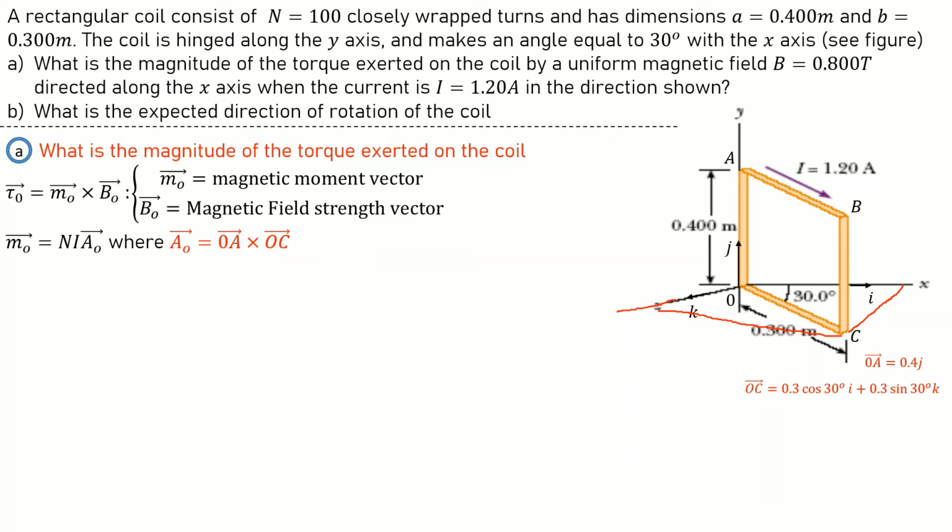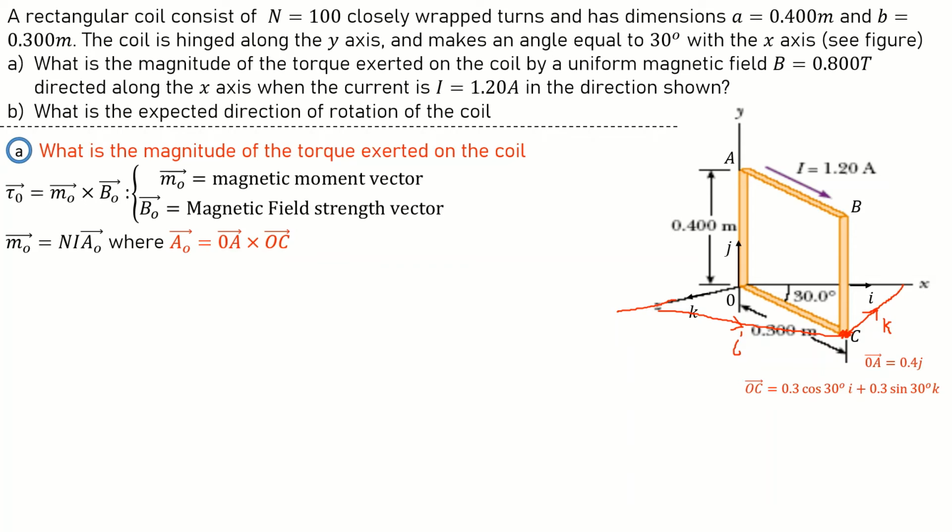So we see that this point has only x, because this is parallel to the x, so we have i, and this is parallel to the z, so we have here k. From there we can describe the coordinates of this point C. Since there is no y coordinate, the y coordinate is going to be 0. Now the x coordinate, we can use trigonometry to get it.